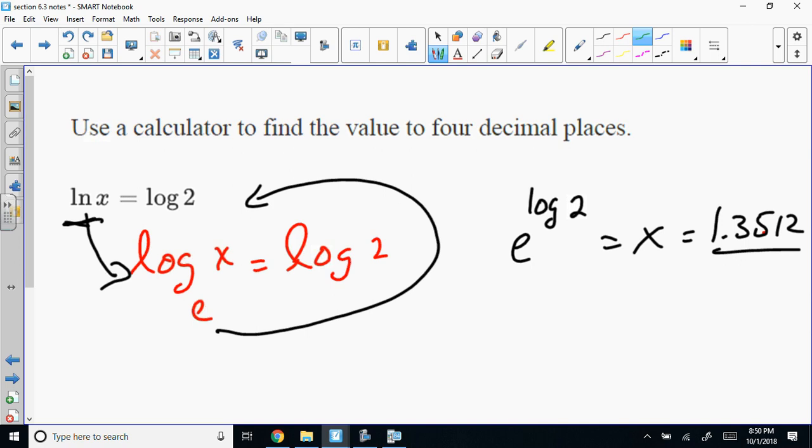Go ahead and put 1.3512, so that way you know what it comes out to be. When you go back looking at your notes, you'll be able to see it. All right, y'all ready?